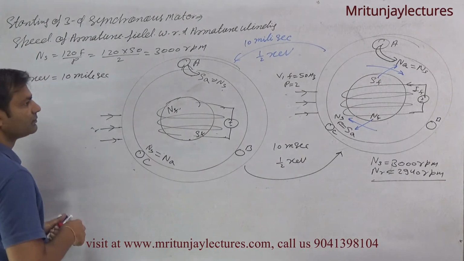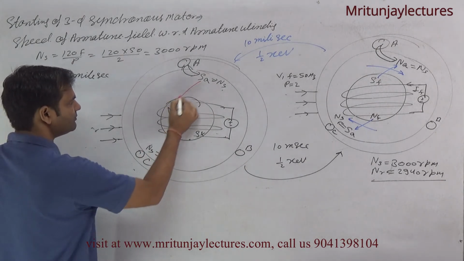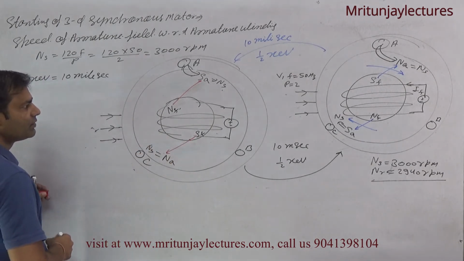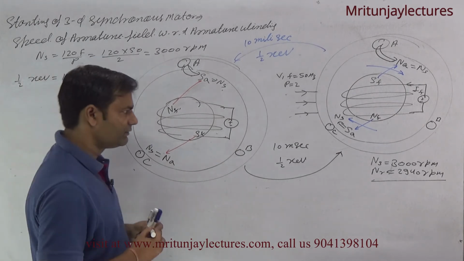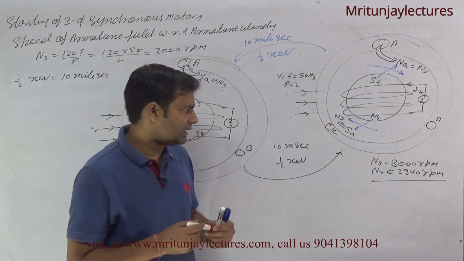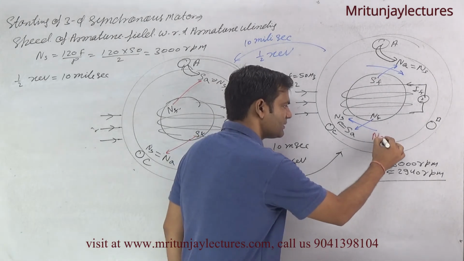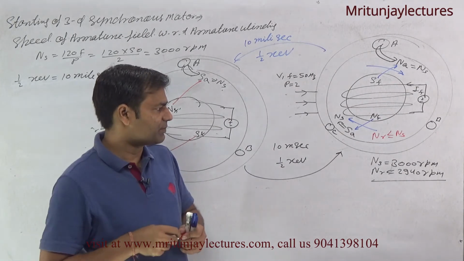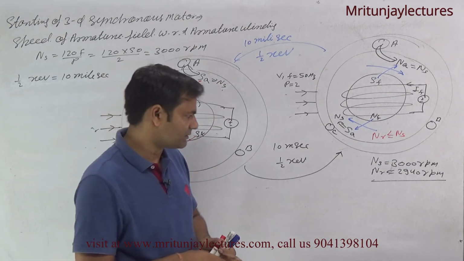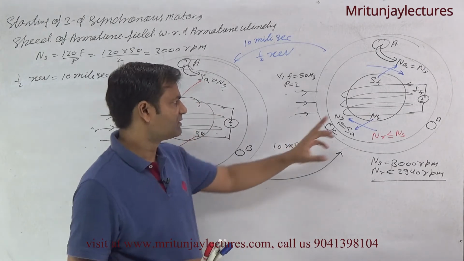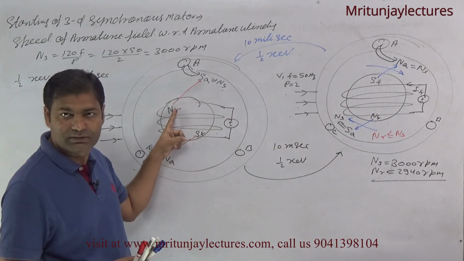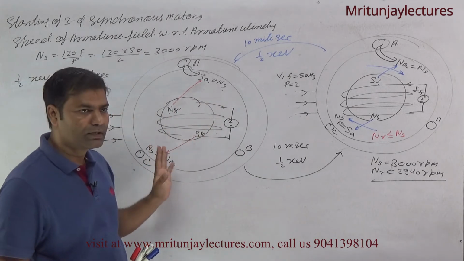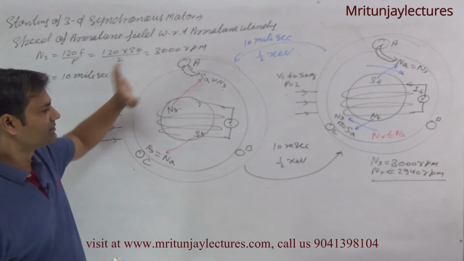At that time this one attracts and this one also attracts. Clear? If by some external means we provide NR closer to NS, then the position after half revolution is like this one. Clear?